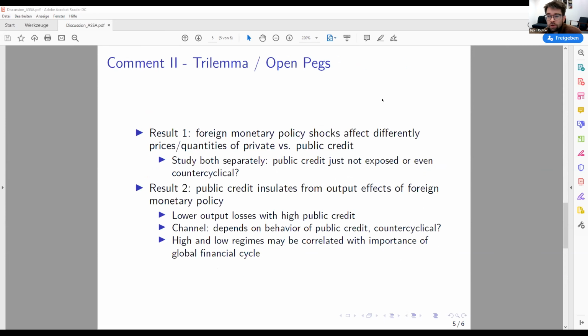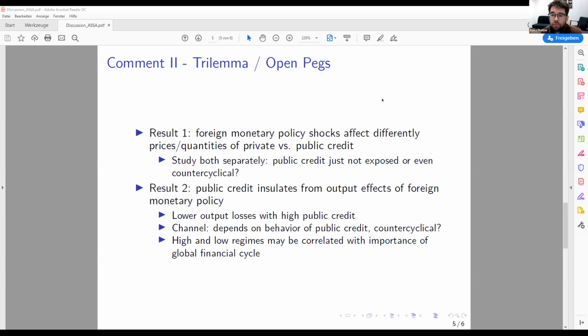Then regarding your preliminary results, I have two comments. The first result I think is quite intriguing, that the foreign monetary policy shocks do not affect public credit. I would maybe not always show the difference between public and private credit, but also show them separately, because what could be interesting is whether public credit is actually acting counter-cyclically.